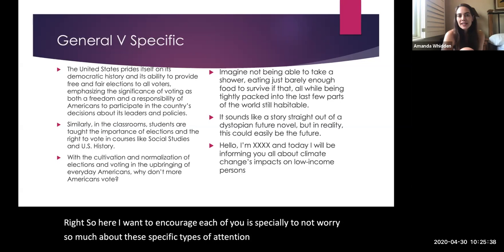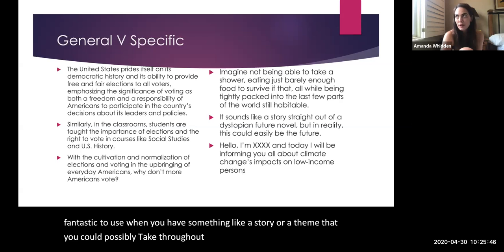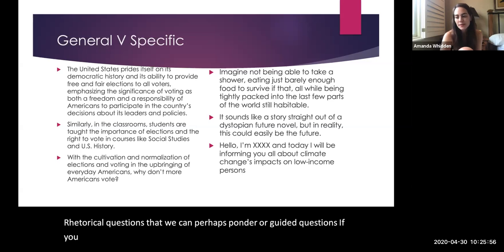They are fantastic to use when you have something like a story or a theme that you could take throughout your speech. Rhetorical questions that we can ponder, or guided questions, stacked questions, those that you learned about in your reading, could be useful.